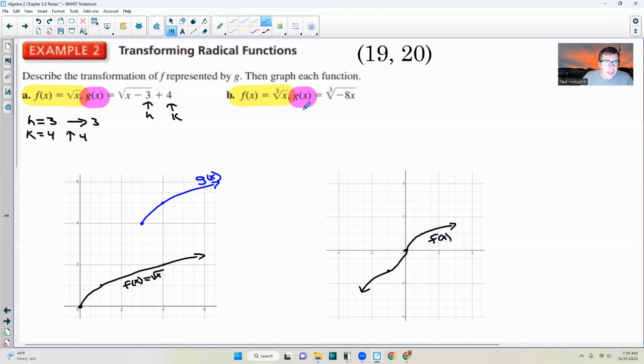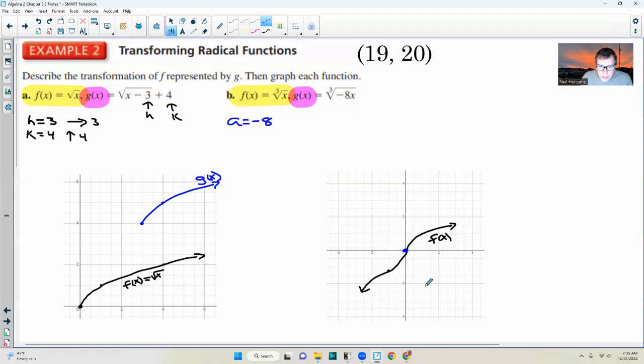Now I'm going to take it, and what happened here with the -8 underneath? That is a equals -8, and it's inside. So it's still going to go through the origin, because -8 times 0 is 0 and the cube root of 0 is still 0. But if I put in 1, -8 times 1 is -8, and the cube root of -8 is -2.